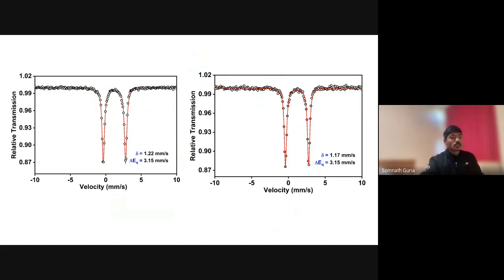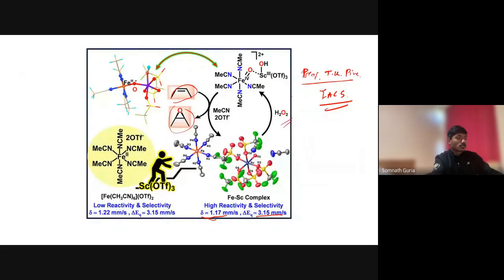Okay, this is scandium coordinated. One is what we can isolate.